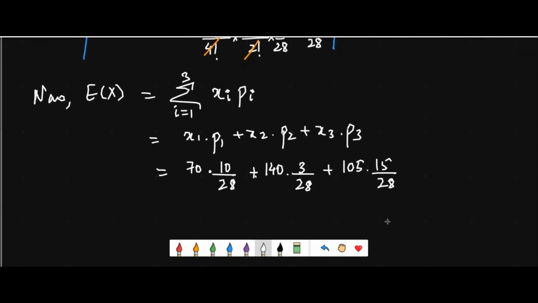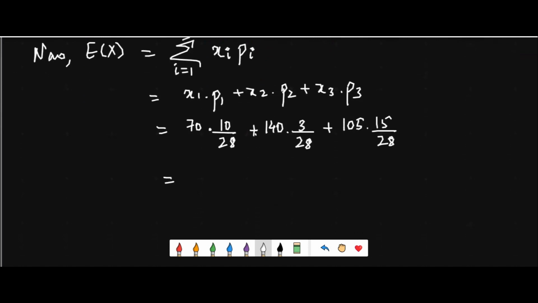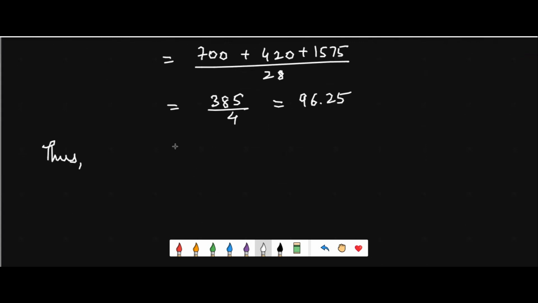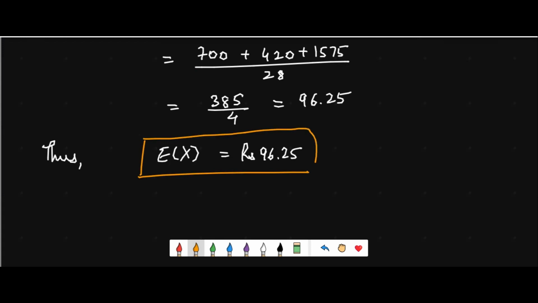So on solving this, I'll be getting 700 plus 420 plus 1575 upon 28, that is 96.25. So thus the expectation is given by rupees 96.25. So this is his expectation that he'll be getting.